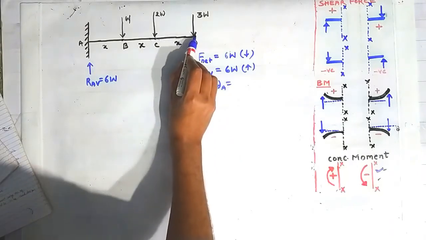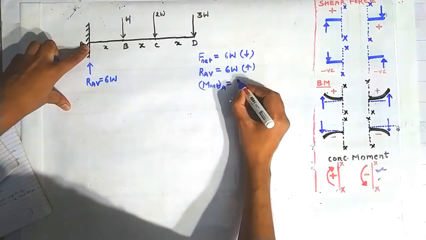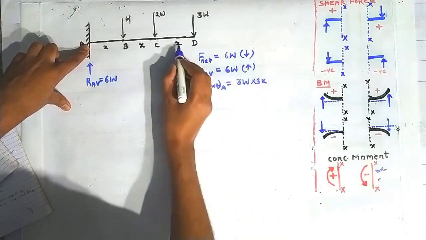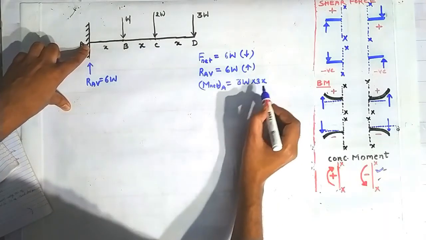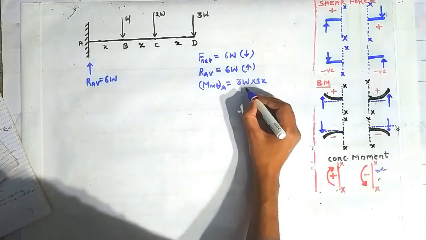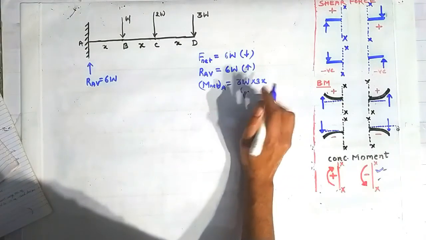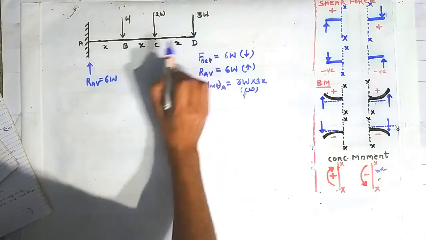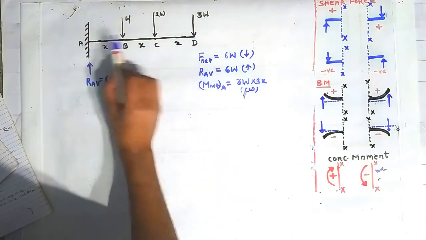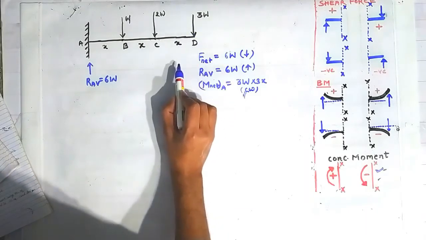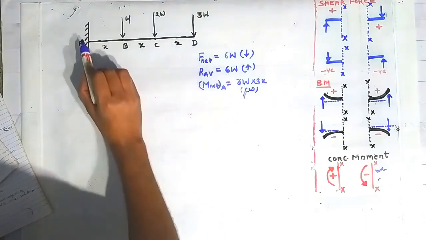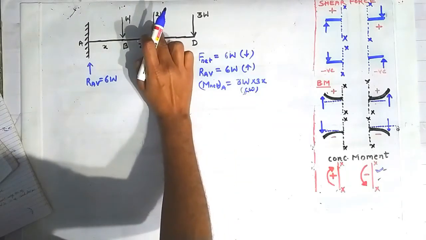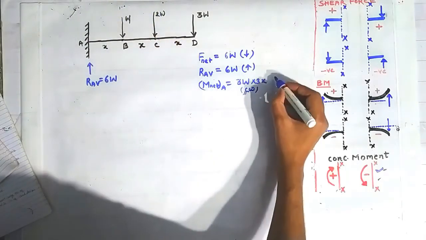Now the net moment at the point A. Because of this force there will be a moment of 3W into 3x, since x plus x plus x is 3x, going in clockwise direction, because this load 3W is rotating this beam AD in clockwise direction about the point A. Similar is true for these two point loads also.